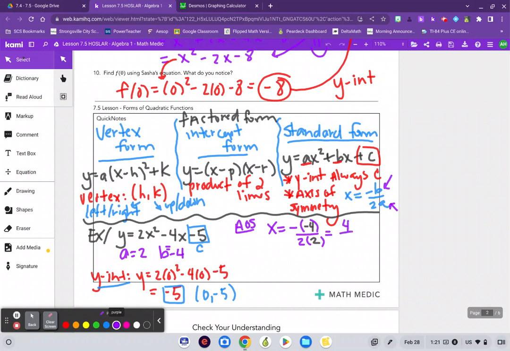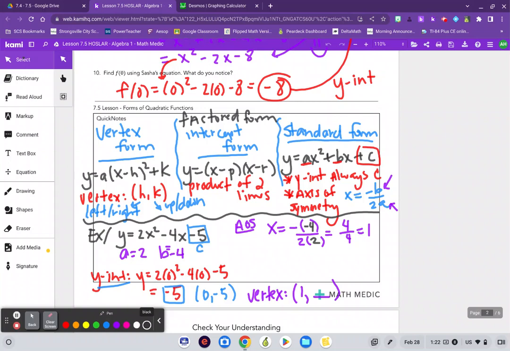And I'm going to calculate this. Negative negative 4 is positive 4. 2 times 2 is 4. And 4 divided by 4 is 1. What that tells me is the axis of symmetry is x equals 1, but it also tells me what the x of the vertex is. And that's actually what I want. I want the vertex.